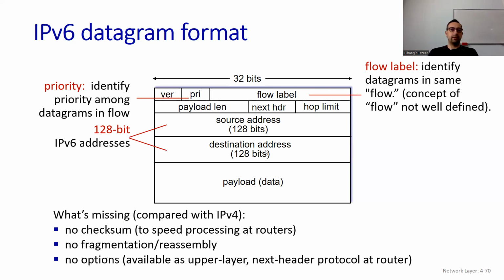So if the datagram is large, that is fragmented at the end hosts and reassembled again at the destination. So this way, routers are not troubled with fragmentation and reassembly. No options available as upper layer next header protocol at router and so on. So these are the good things about IP version 6. This is why it is a little bit faster.